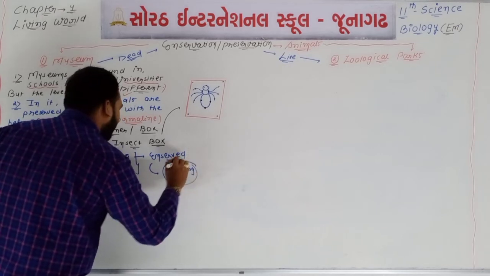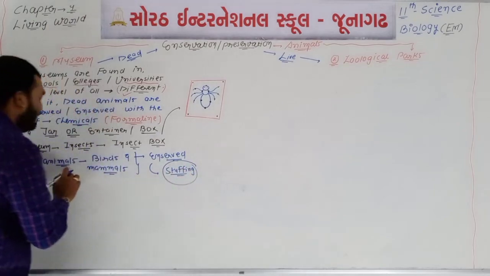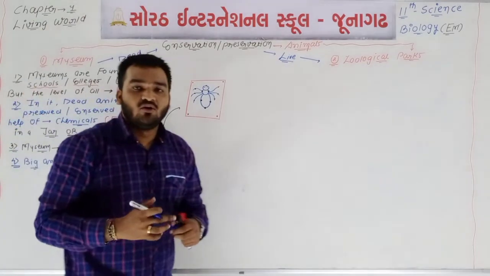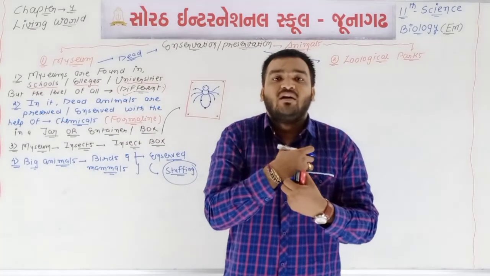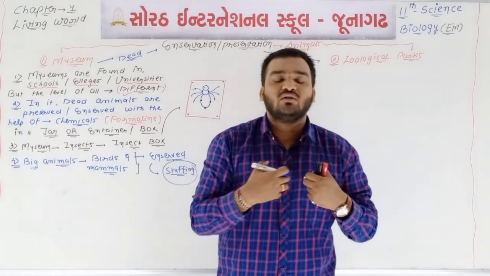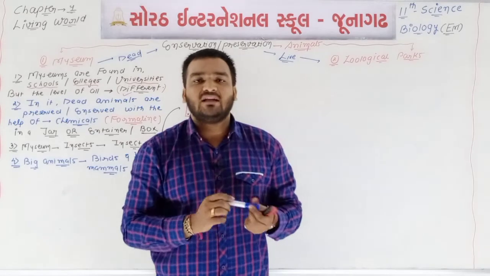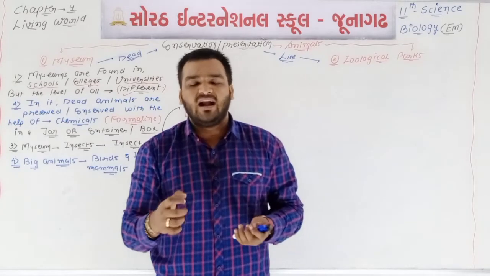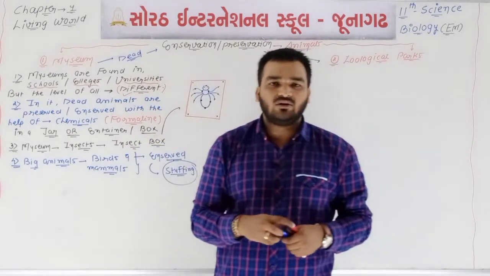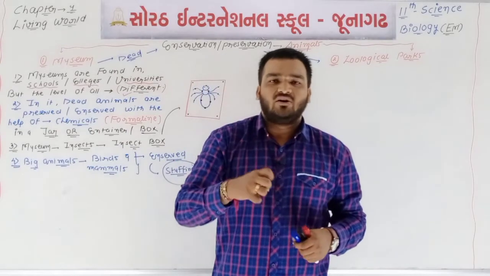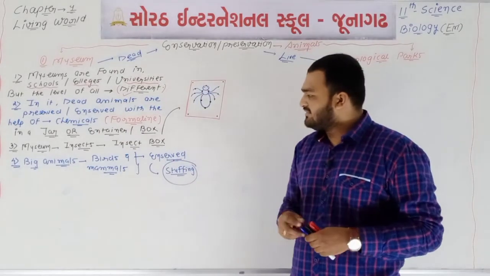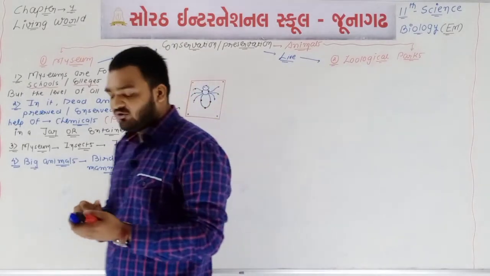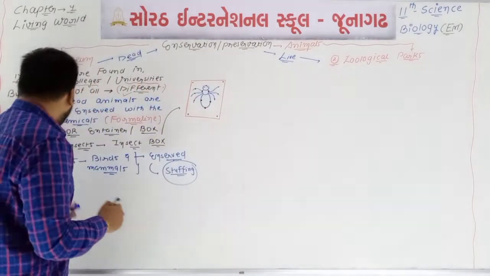You will remember the meaning of stuffing. From dead animals all the muscles and bones are removed, and then different types of artificial materials, like cotton and the dust of wheat, are placed inside. So big animals like birds and mammals are also conserved and placed in a museum.